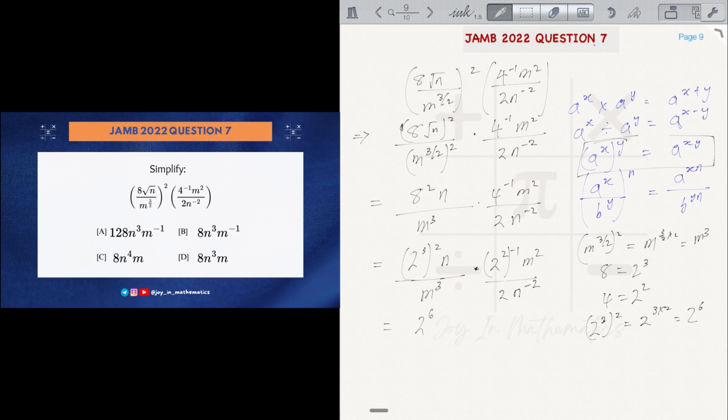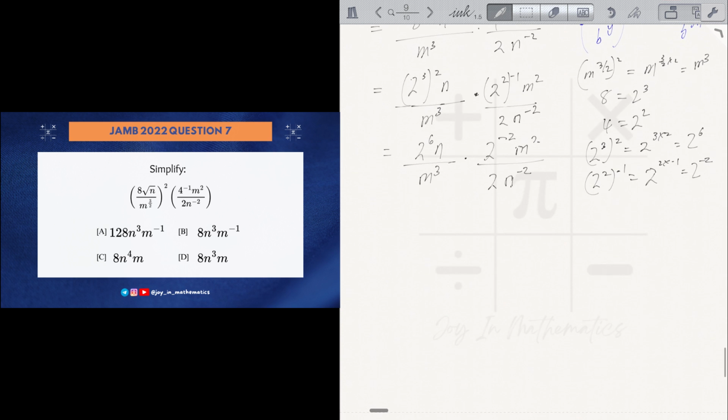So we have 2 raised to the power of 6 n divided by m raised to the power of 3 multiplied by 2 raised to the power of 2 raised to the power of minus 1, which will give us 2 raised to the power of minus 2, m squared divided by 2 n raised to the power of minus 2. Now let's collect like terms.